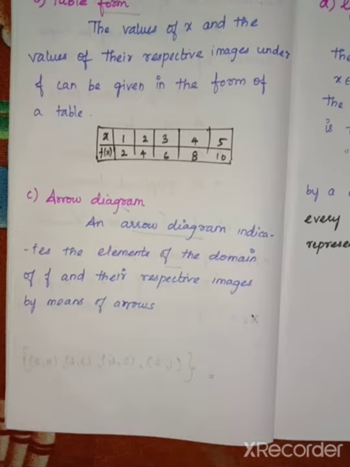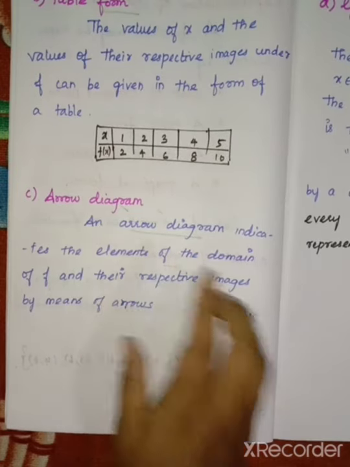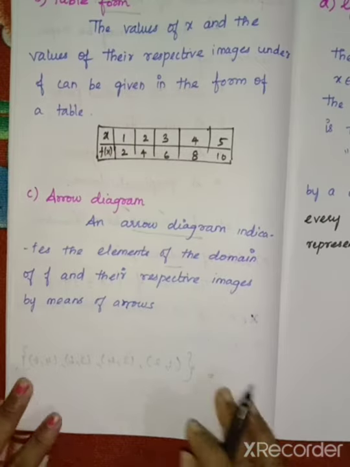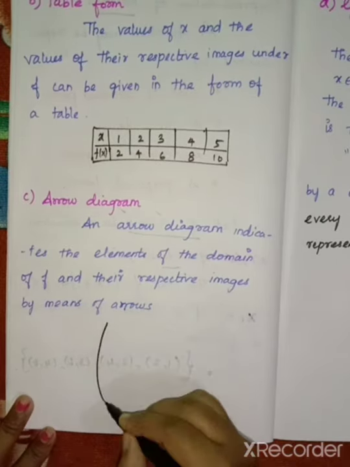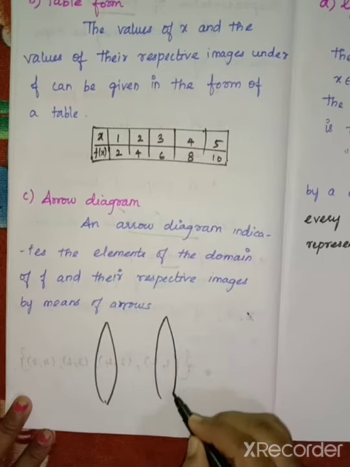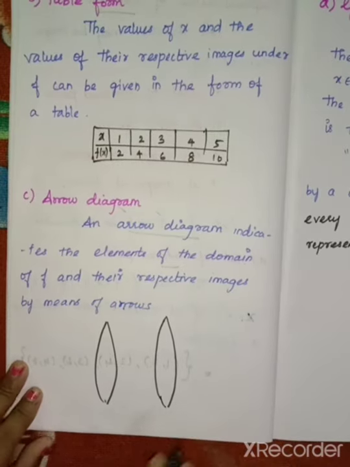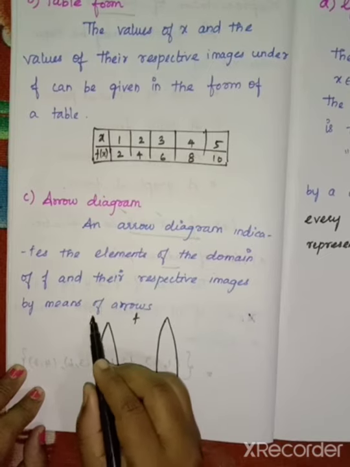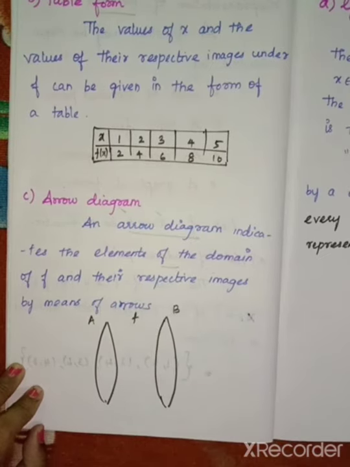Already we have seen the arrow diagram for the sums. Here also, an arrow diagram indicates the elements of the domain of f and their respective images by means of arrows. Here we have to use the arrow diagram, so first of all you have to draw a box or an oval shape, whatever you like. Here I have chosen this one. So x and f of x is there. The function is f, so for this the A set is here, and the B set is here.